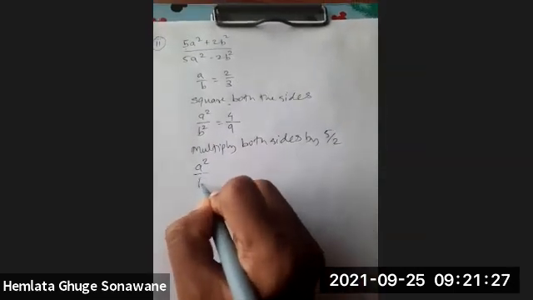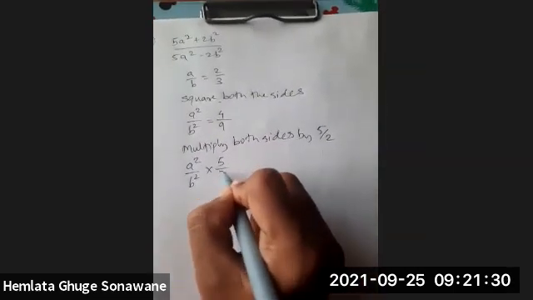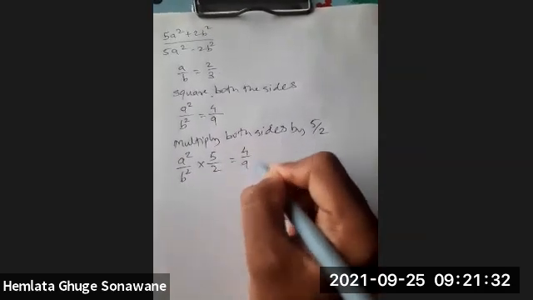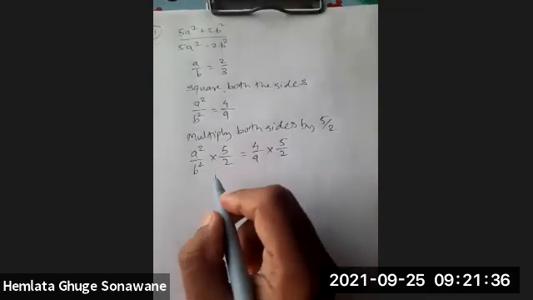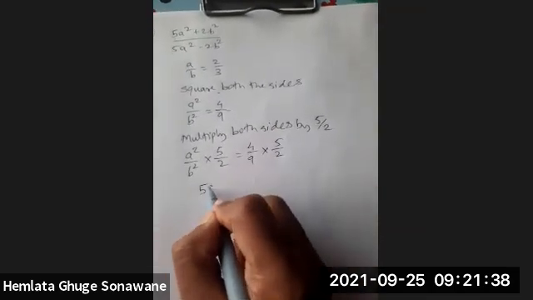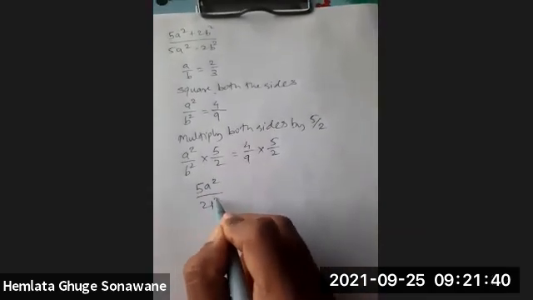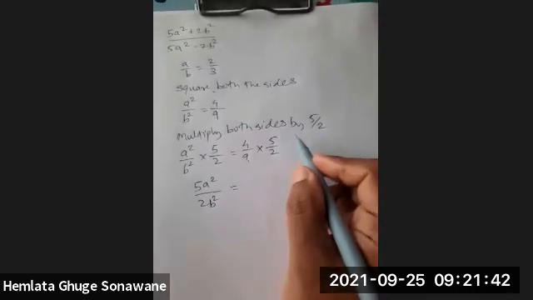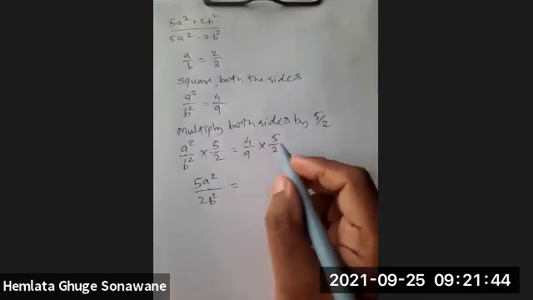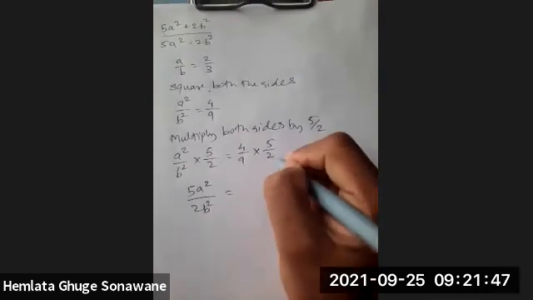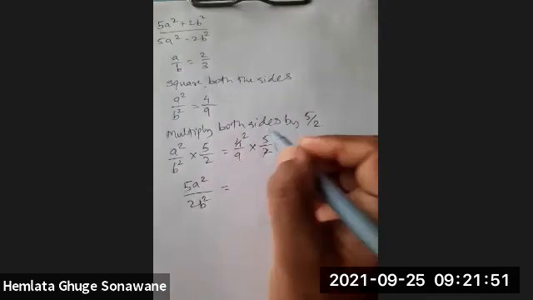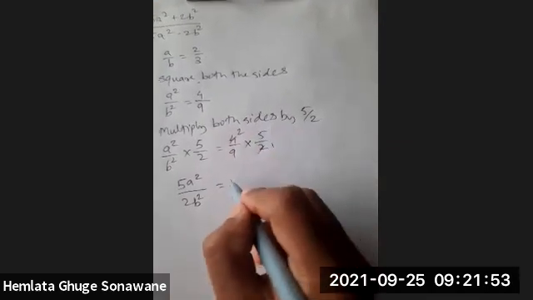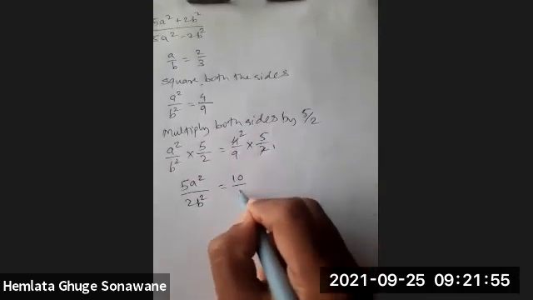A square upon B square into 5 upon 2 is equal to 4 upon 9 into 5 upon 2. So that is 5A square upon 2B square. We can simplify this. 2 1s are 2, 2 2s are 4. So here 5 2s are 10 upon 9.